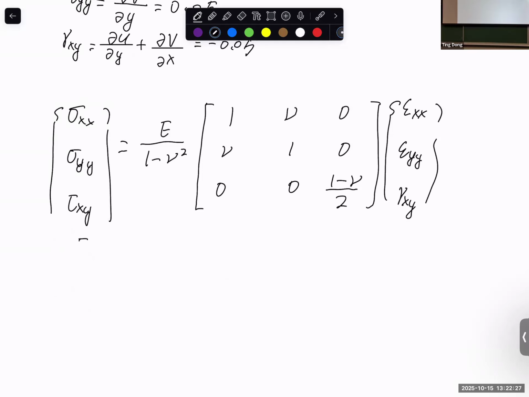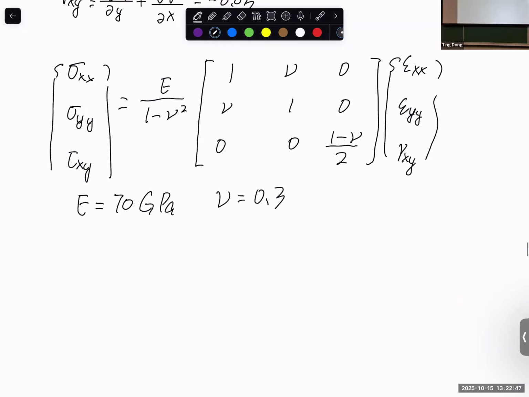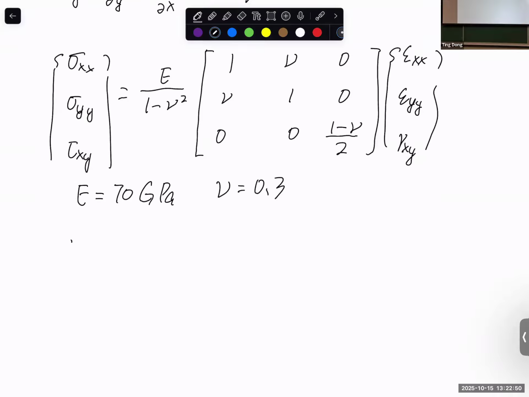Since I forgot to give the Young's modulus and Poisson ratio in the problem statement, let's just add some random number. It doesn't really matter. I just want to show you the calculation process. Poisson ratio normally 0.3, and let's say we have Young's modulus 70 gigapascal. Let's try to calculate the stress here. We convert everything to Newton and meter, so it becomes Pascal.